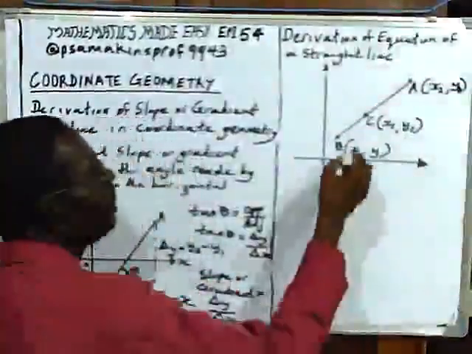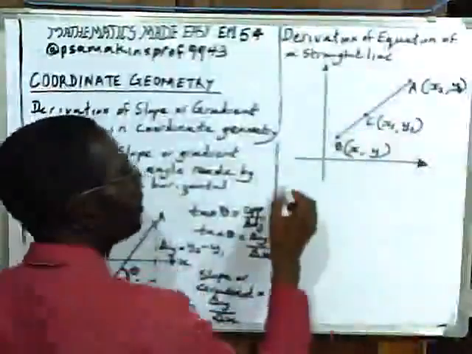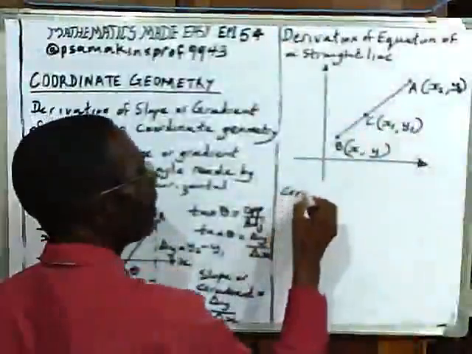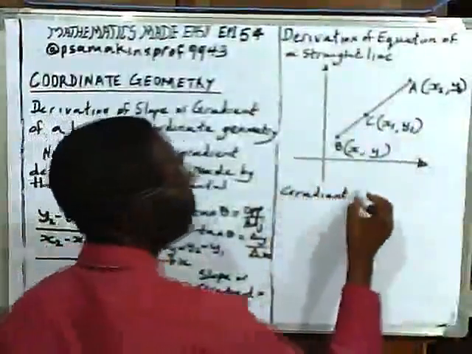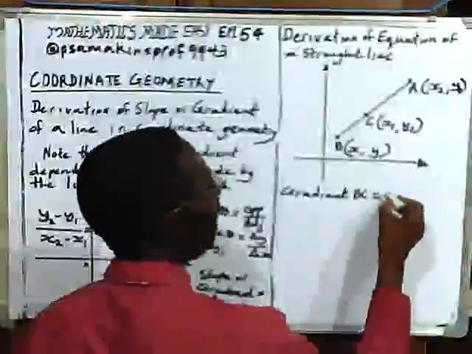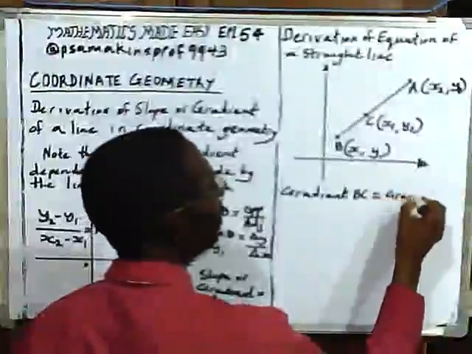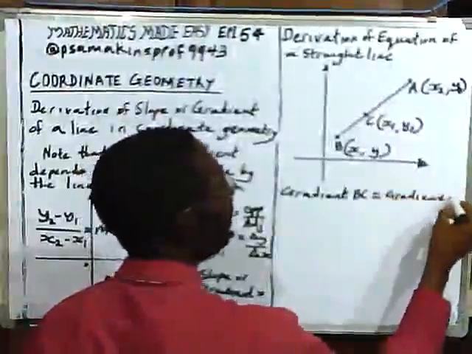Now, if we get the gradient, what I'm saying is that the gradient BC is the same thing as the gradient AC.